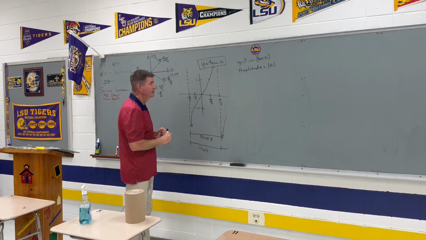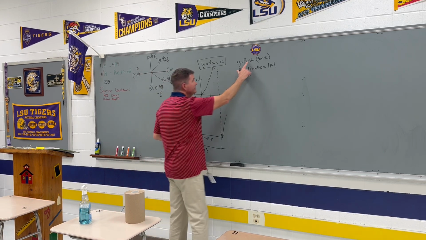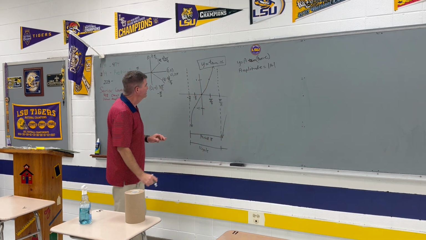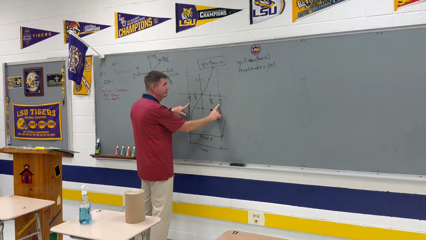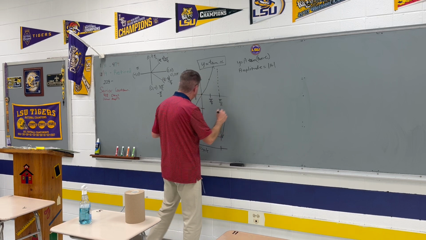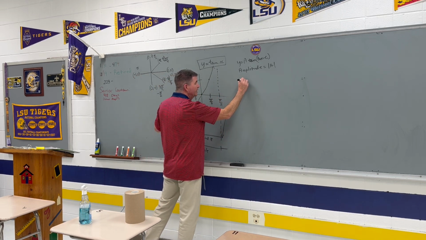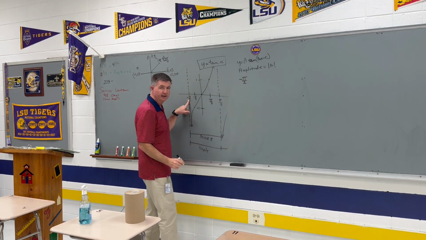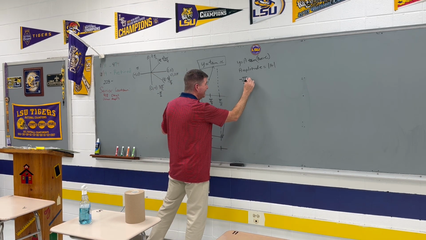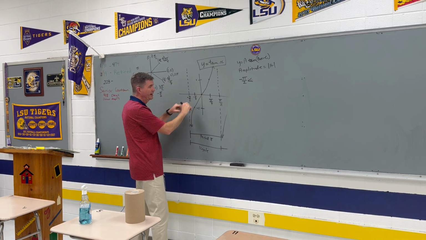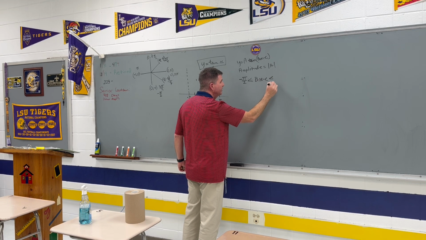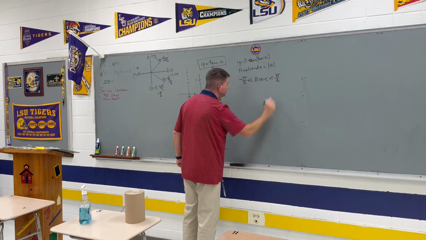The other thing we need to know when we're graphing the tangent function is the asymptotes. In order to account for the asymptotes, the left asymptote, which is -pi/2, is less than bx minus c, which is less than pi/2.